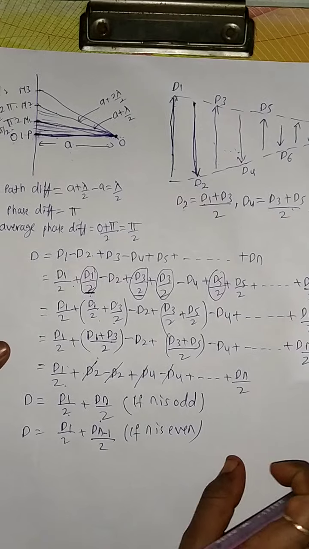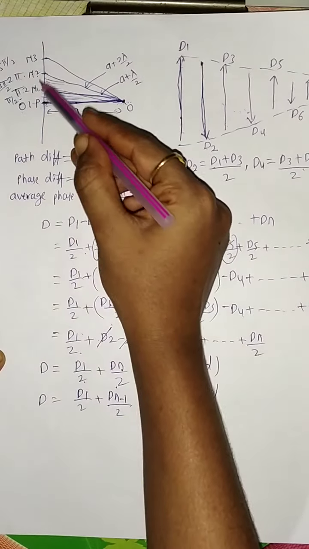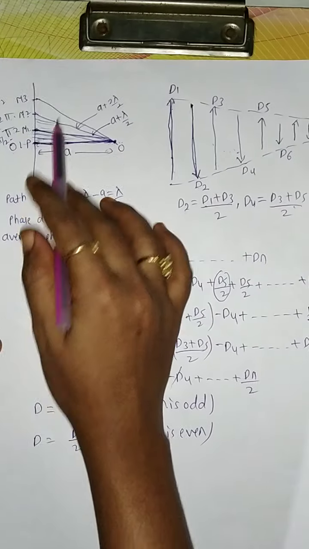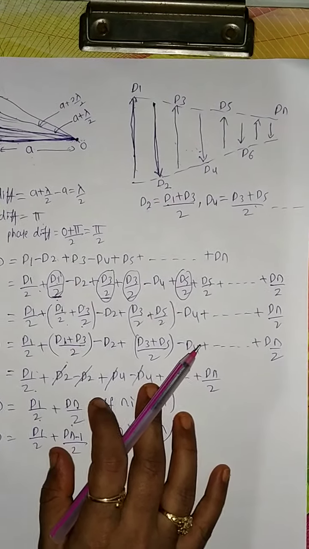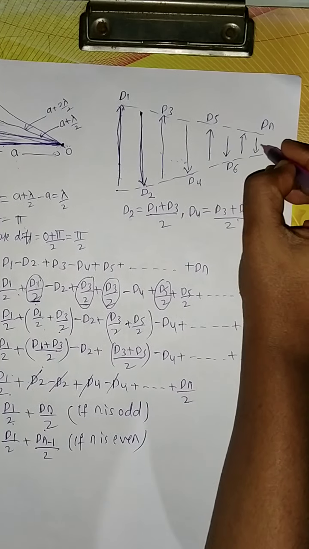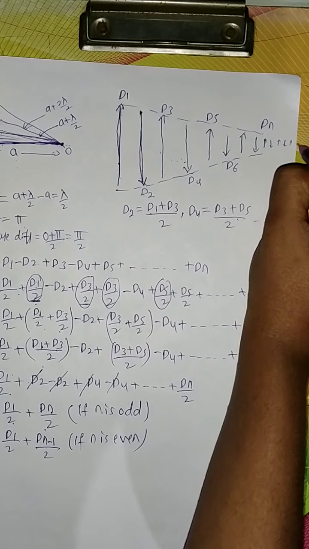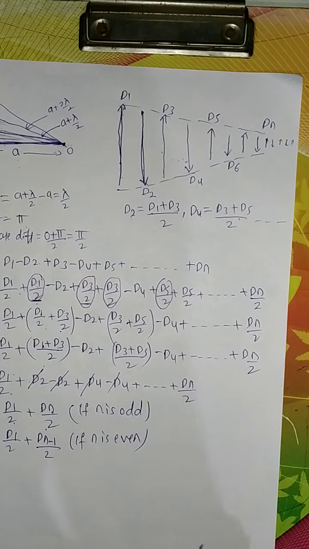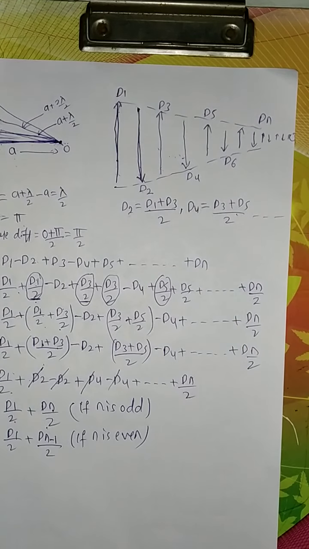Okay. Now the thing is, see, if it is the nth zone, which is at an infinite point, then the amplitude goes on decreasing like this. What would we get as the last amplitude? Of course we will get a 0 amplitude at the last point.